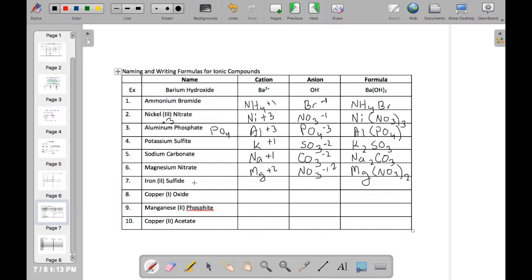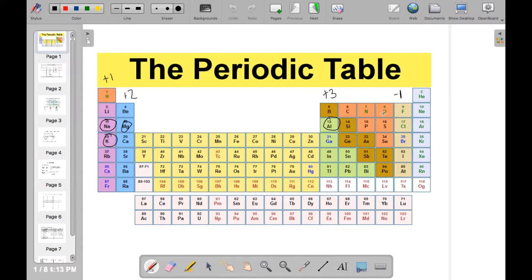Sulfide. Remember, if it's an ide, it has no oxygen. That's just an S. We go look at our periodic table. And I've also seen people make this mistake. They have some assumption that if it's an ide, it's just a -1, no matter where it's at. It depends on the group it's in. Remember, halogens are -1, chalcogens are -2. We have -3.